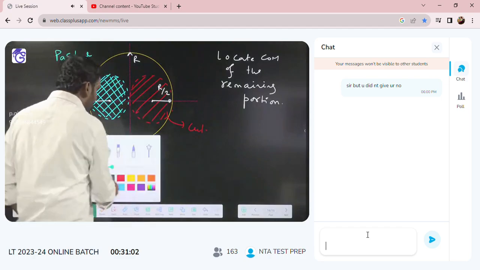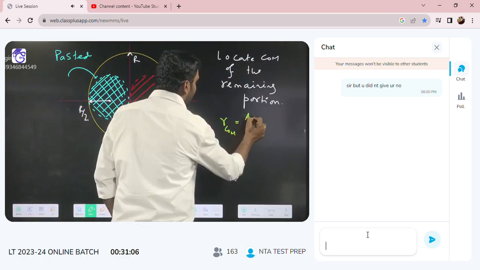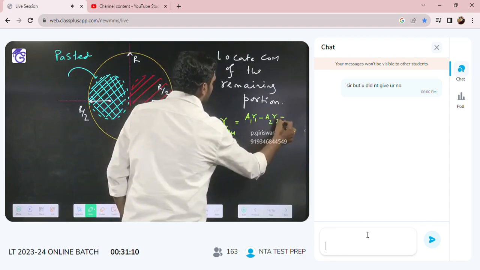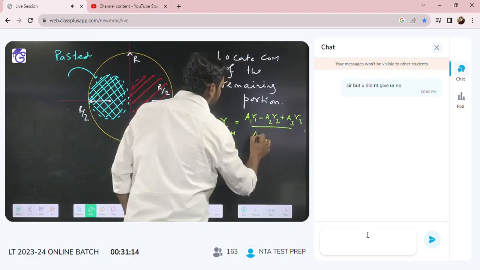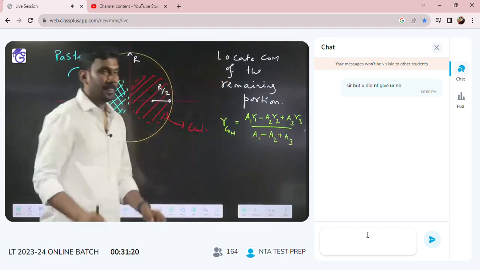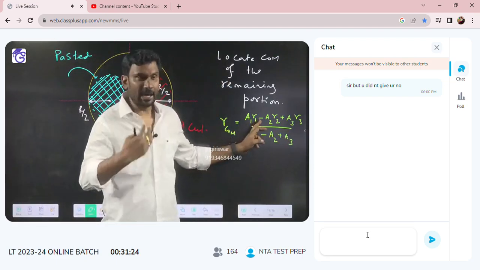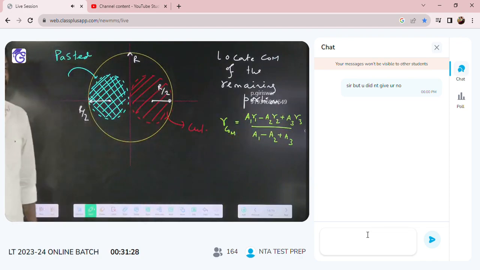So what is the formula? R center of mass, please look carefully: A1 R1 minus A2 R2 plus A3 R3, divided by A1 minus A2 plus A3. Mass taken out is negative, mass added is positive. Did you get clarity?